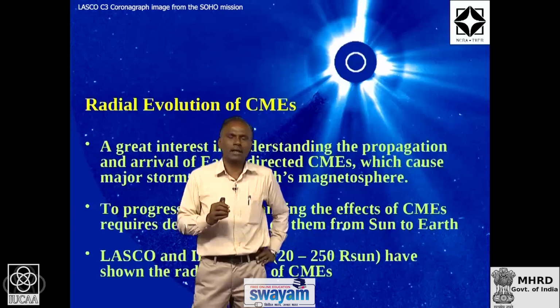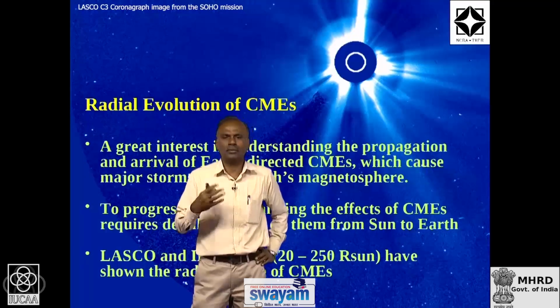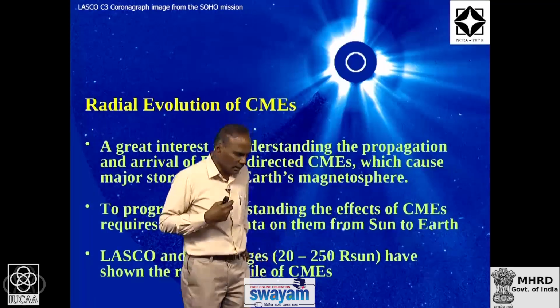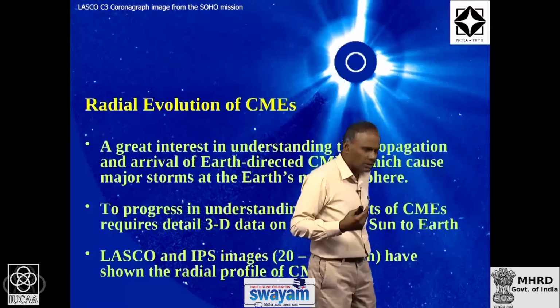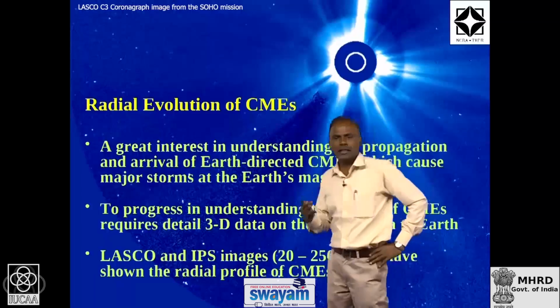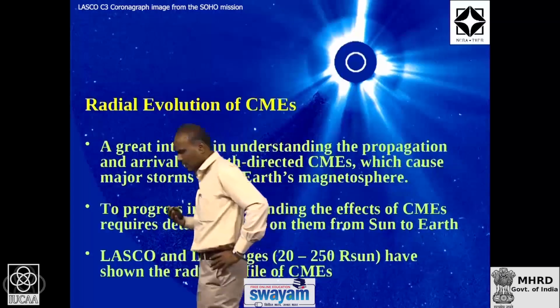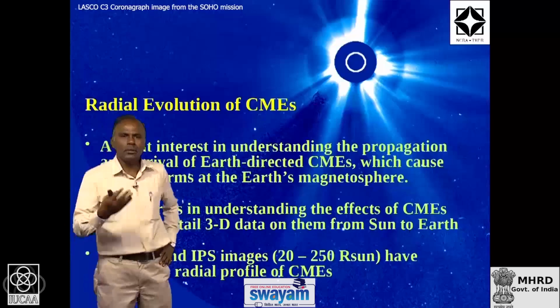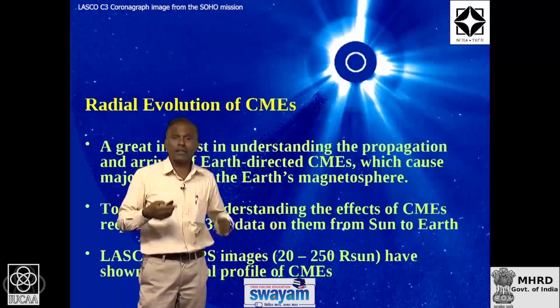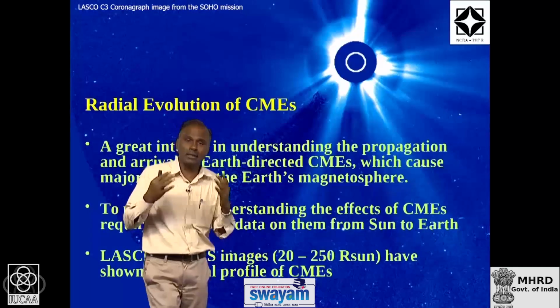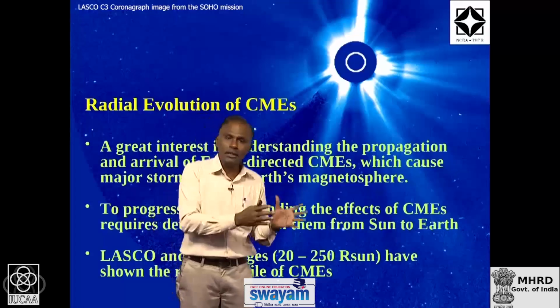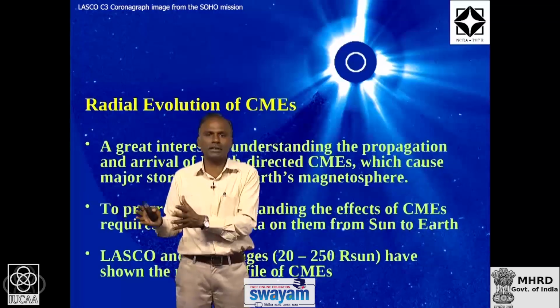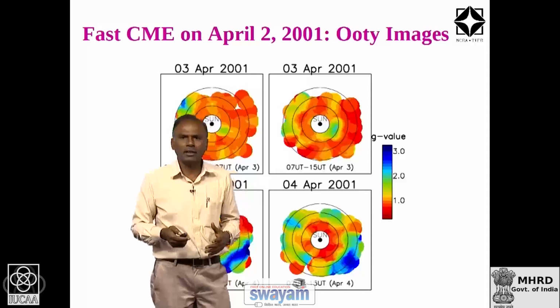So their arrival, their properties are to be known well in advance to protect near earth satellite, and for other technological reason also. So predicting their arrivals are important, and also predicting their arrival means one has to understand the radial evolution of coronal mass ejection from sun to earth, actually, for example.